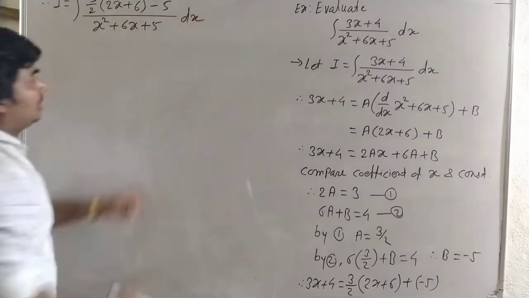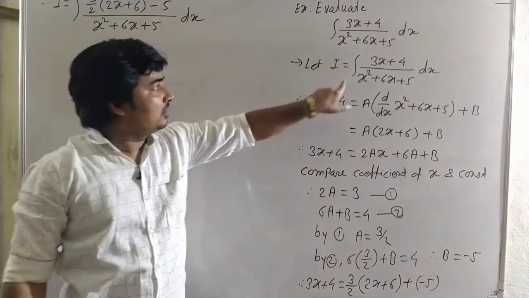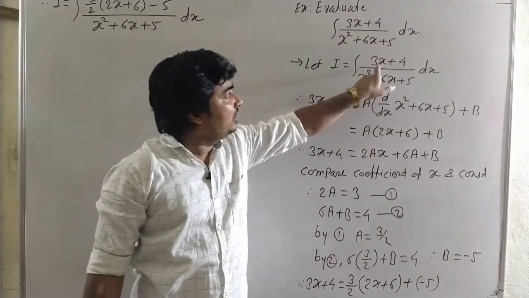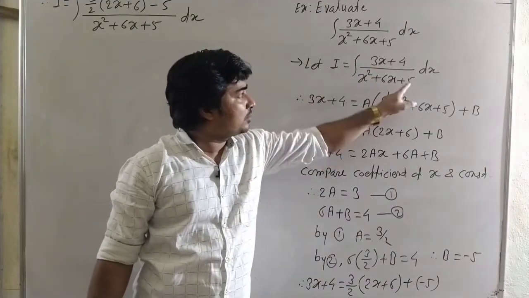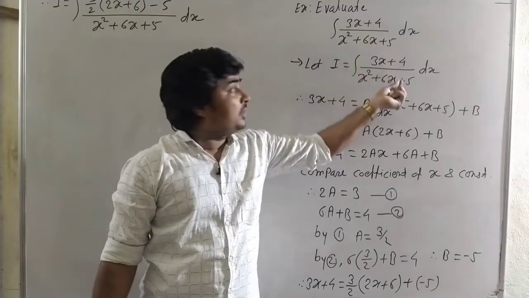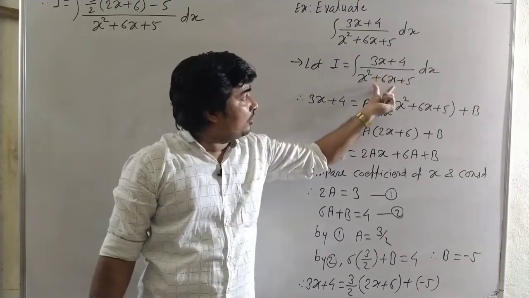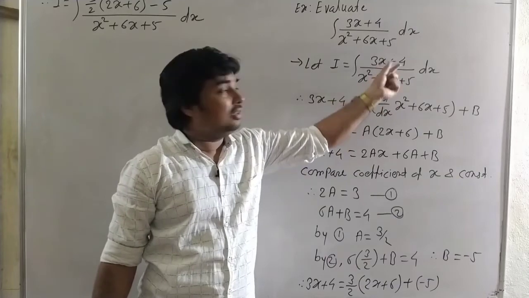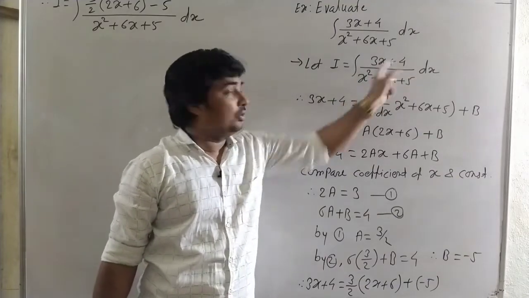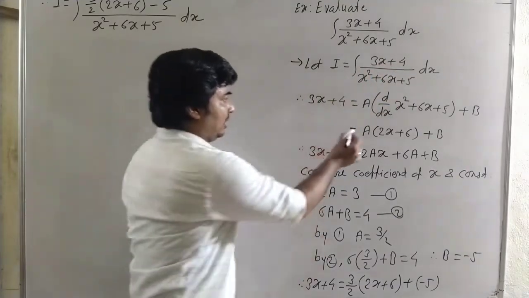See carefully. It is our question. It is integral 3x plus 4 upon x square plus 6x plus 5. We can express 3x plus 4 in terms of the derivative of the quadratic function.